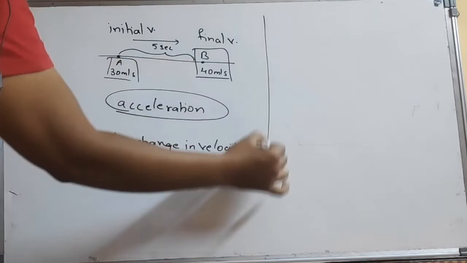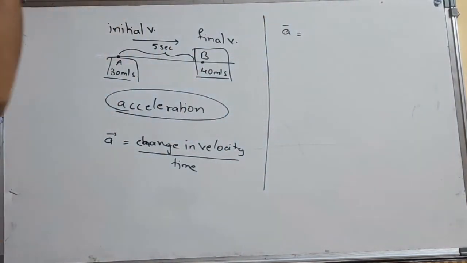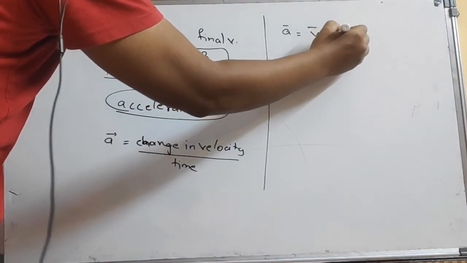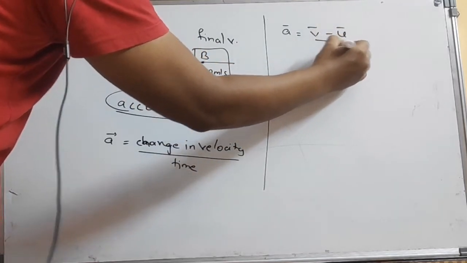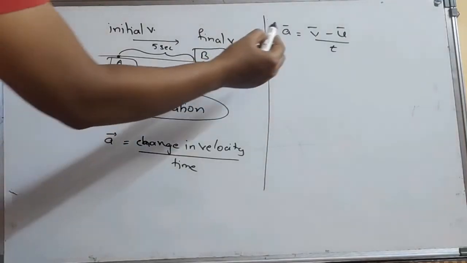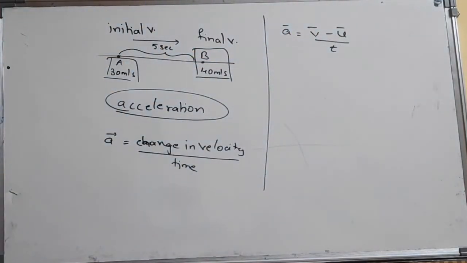So, acceleration A is equal to V minus U upon T. Now, you understand I have put a dash over A, V and U. These A, V and U are vector quantities, hence I have put a dash over there.